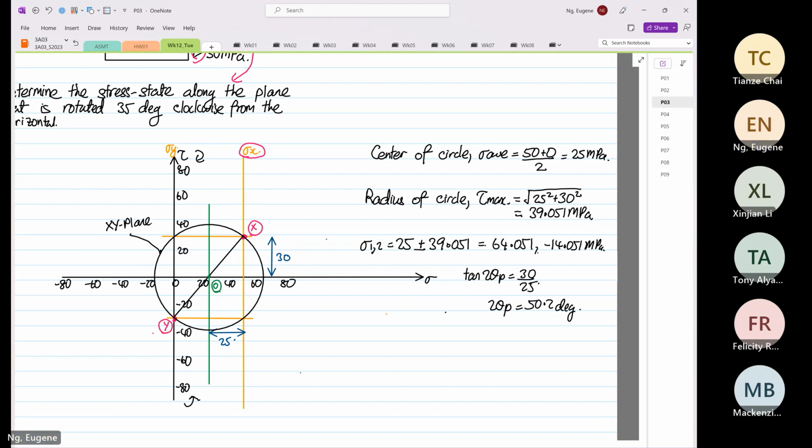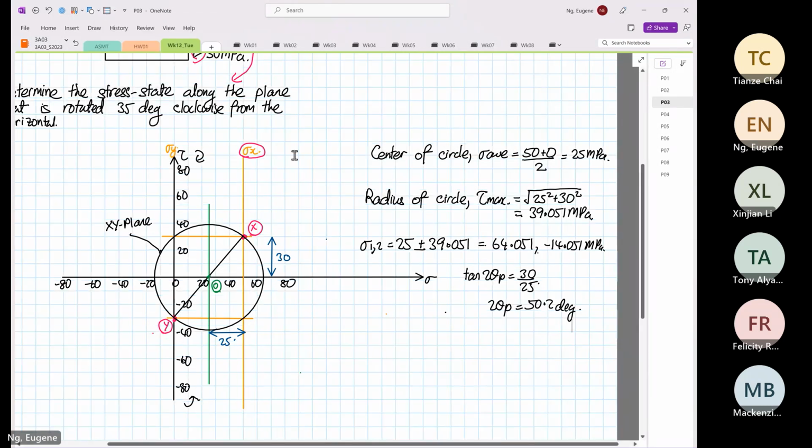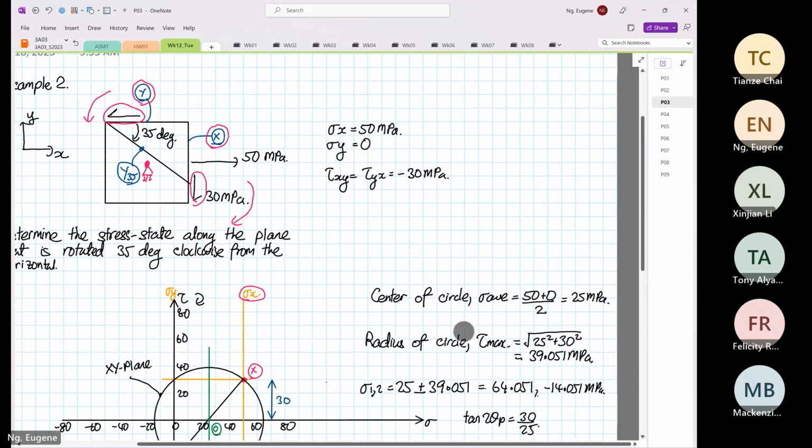Now, the tricky part comes over here. Okay. From point Y, it's going to rotate 35 degrees clockwise from point Y. I repeat again, from point Y, it's going to rotate 35 degrees to Y35, okay?